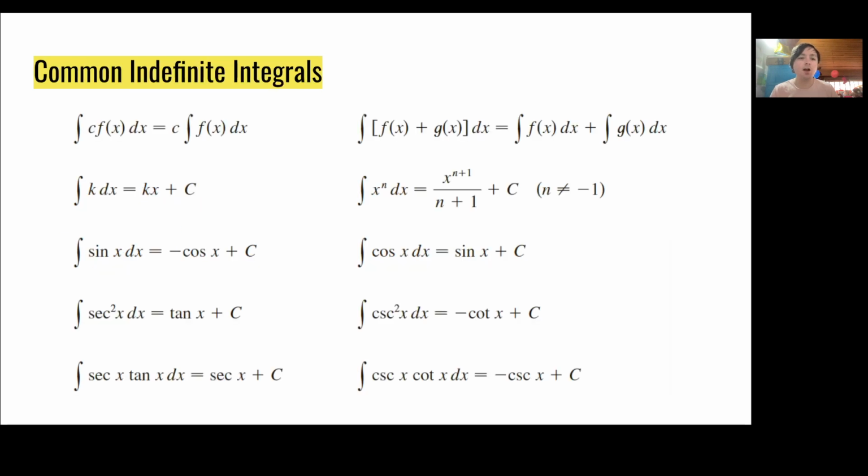Cool. Okay, and so now here's a list of some common indefinite integrals. And so you can see a lot of them pop out for you because they look very similar to what I showed in the last lecture on the derivatives.